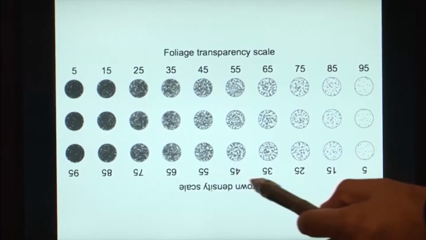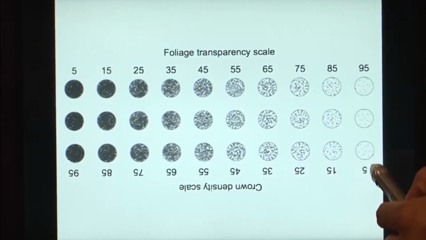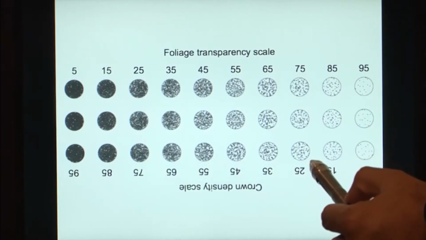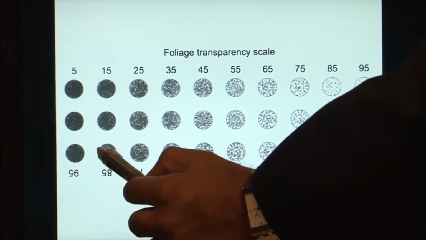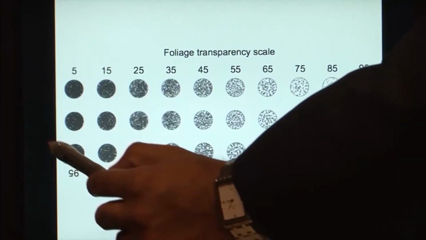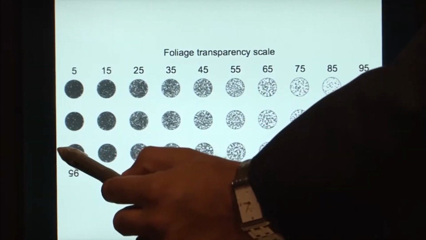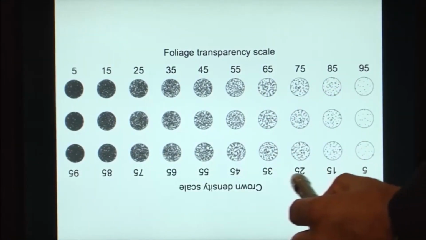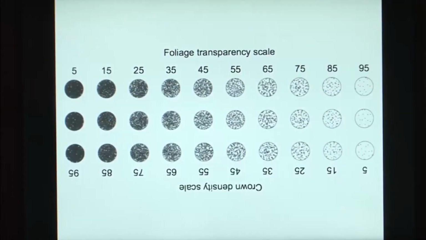So, for instance, if you look at the crown density, a 0% density would permit the whole of the light to go through. So, that would be a transparent slot, and as this crown density increases in this direction, 100% crown density would not allow any light to pass through it. So, here we have this scale from 5% to 95%. So, we are going to hold this against our eyes and compare our tree with this.